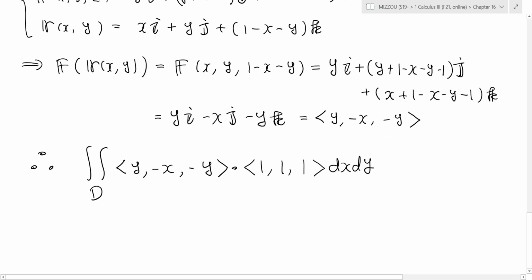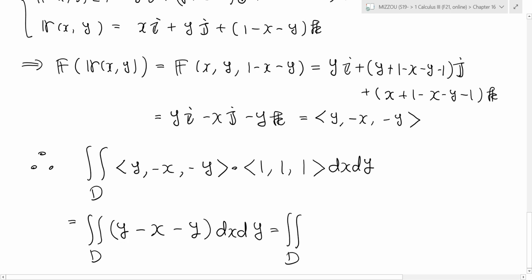And that is equal to the double integral over D, and then you just take the dot product, and since this is just 1, 1, 1, y minus x minus y dx dy, and that is equal to negative x dx dy.